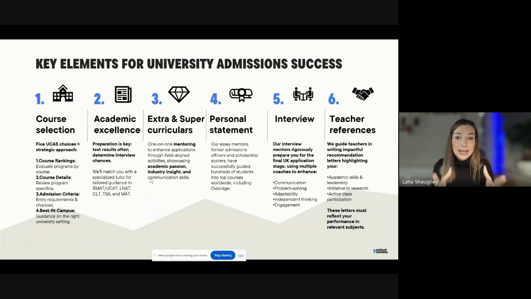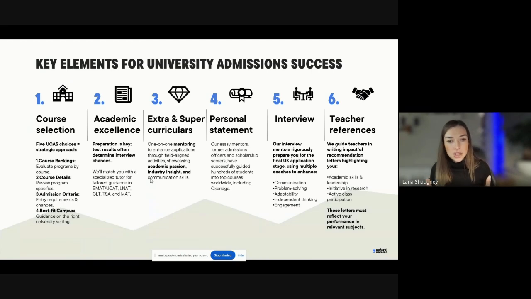It's about obviously your academic excellence and your grades, the standardized tests and your school grades. Then there's your portfolio of extra and supercurricular activities. That could be your work internships, your projects, your mentoring, your different additional activities to your school studies. And then we've got your personal statement, where we weave everything together, talking about your experiences, your passions, your motivation, your vision for the future, why you want to study this course, and why you would be a really good student for this particular program.